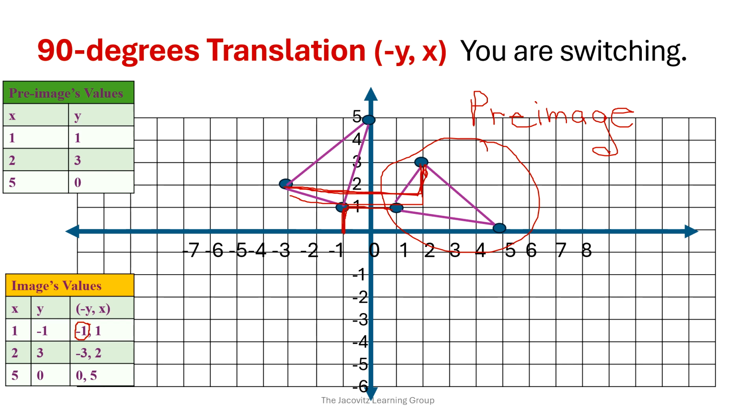And then this 5 and 0, this was your original up here, 5 and 0. So now it's 0 and 5. But look, 90 degrees, right? See? Because that's a right angle. So that's how you get to a 90-degree translation and a rotational.